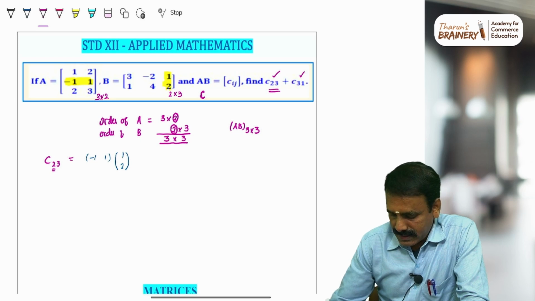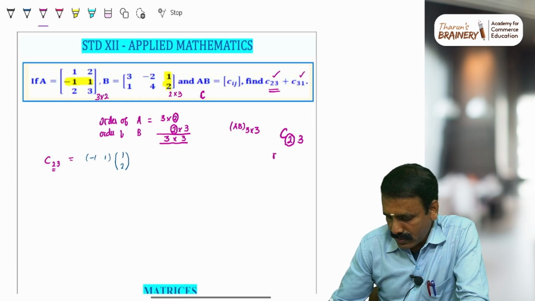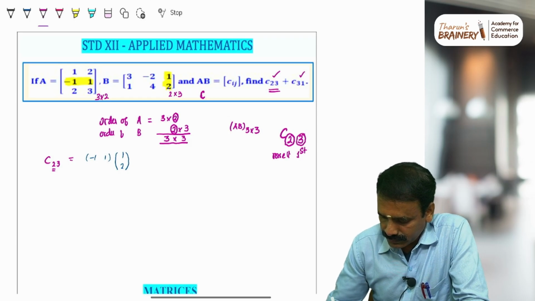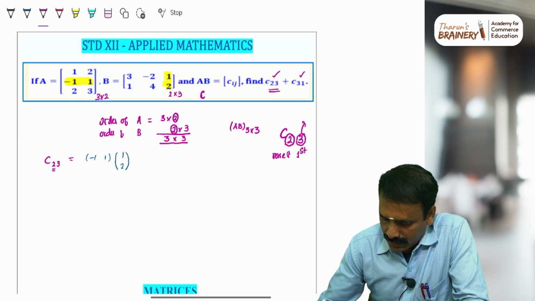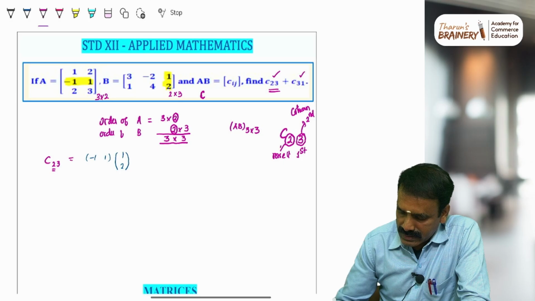That is C23. 2 corresponds to the row element of the first matrix and 3 corresponds to the column number of the second matrix. Is it clear?